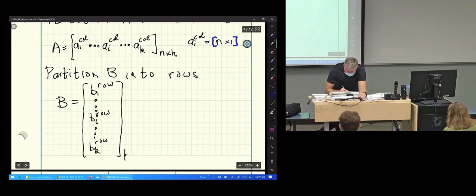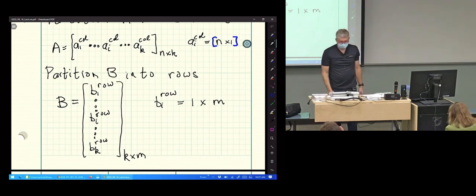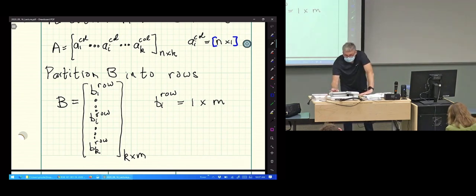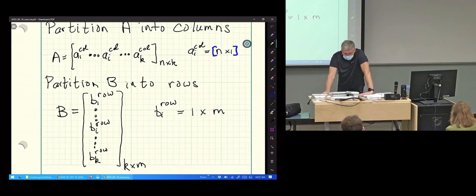So this is k by m. And so bi row, being a row vector, has just 1 row. And since B has m columns, so does the row. Okay, this is bookkeeping. So partition A into columns, B into rows.